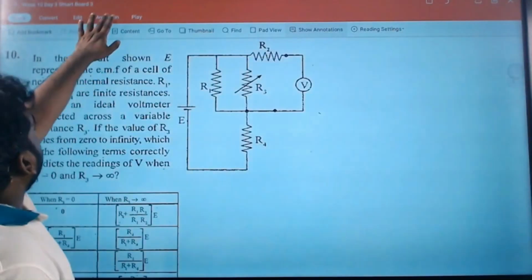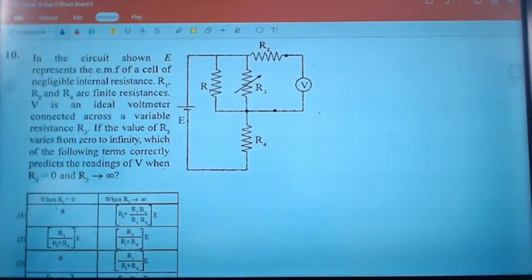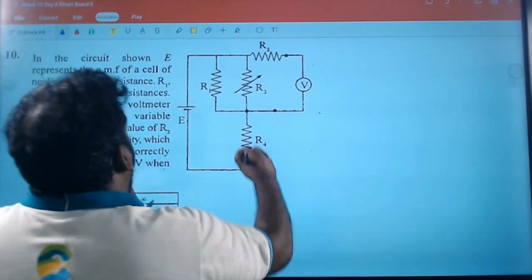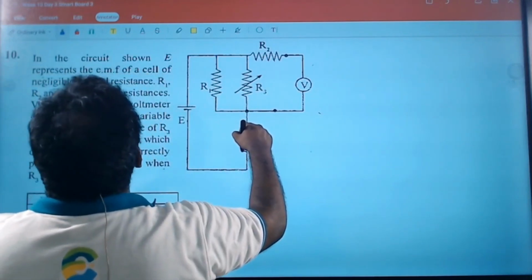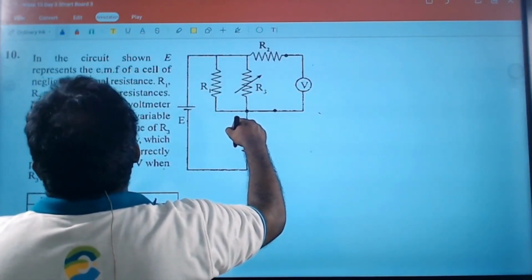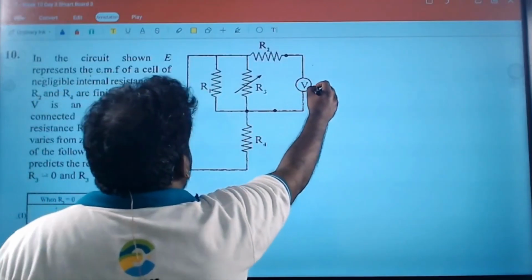Question number 10. In the circuit shown, E represents the EMF, with negligible internal resistance. These are good questions. R1, R2, R4 are finite resistances. V is the ideal voltmeter.